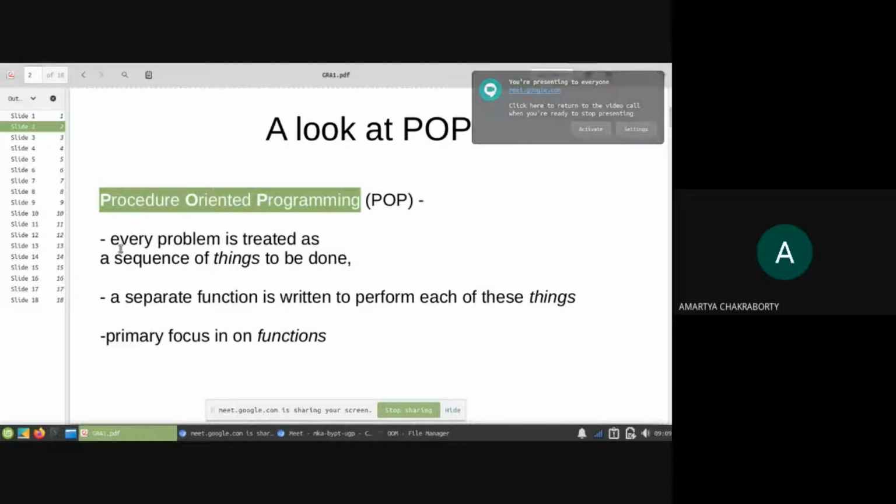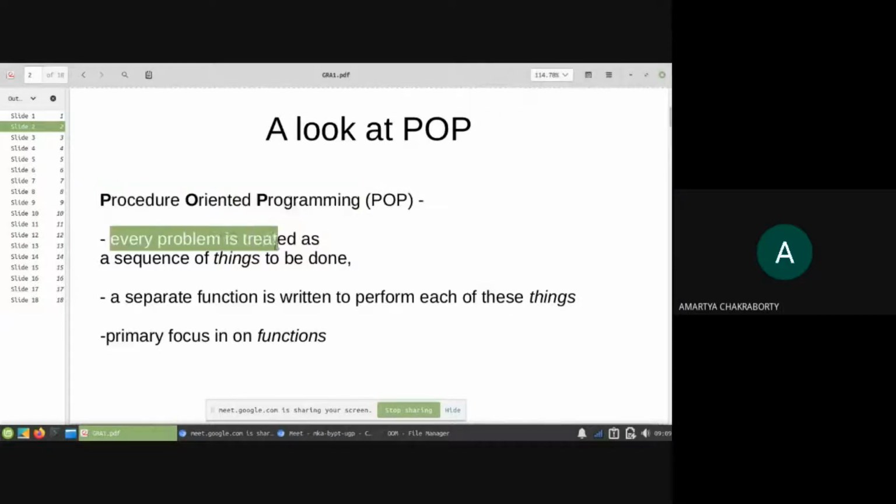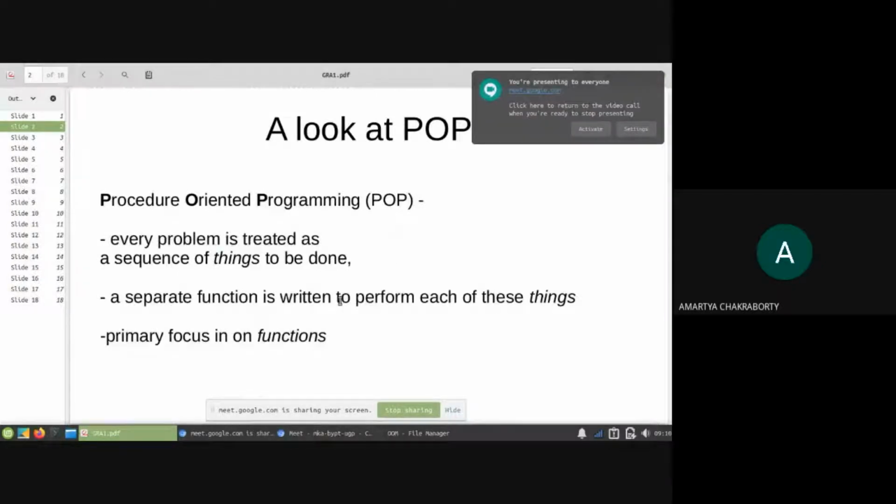So in POP, every problem is treated as a sequence of things to be done. Till now, whatever programming that we have gone through using C programming or others, we have treated any particular problem as a sequence of things to be done. There is a sequence of instructions and we are supposed to follow it.